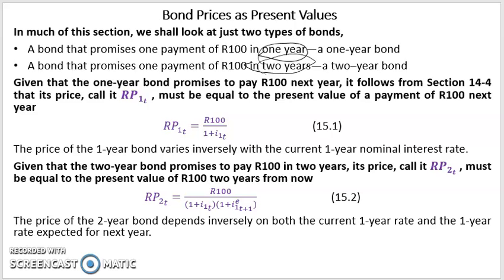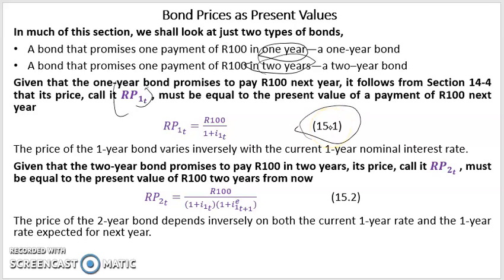Given that the 1-year bond promises to pay 100 Rand next year, it follows from section 14.4, where we learned about discounted values, that the price, which we call P1t, must be equal to the present value of the payment of 100 Rand next year.